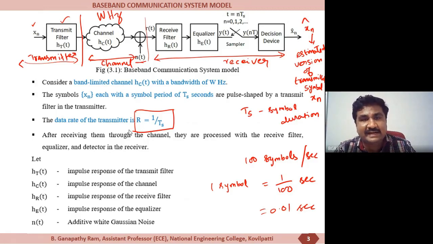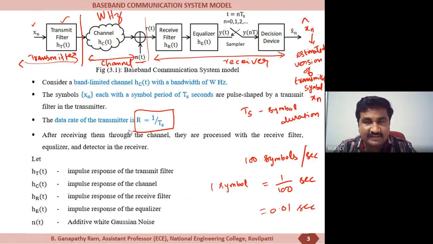And this data rate is achieved in the presence of the additive white Gaussian noise channel, whose bandwidth is limited to Wh, as I have represented in the diagram. And on the receiver side, we have discussed 4 different blocks.